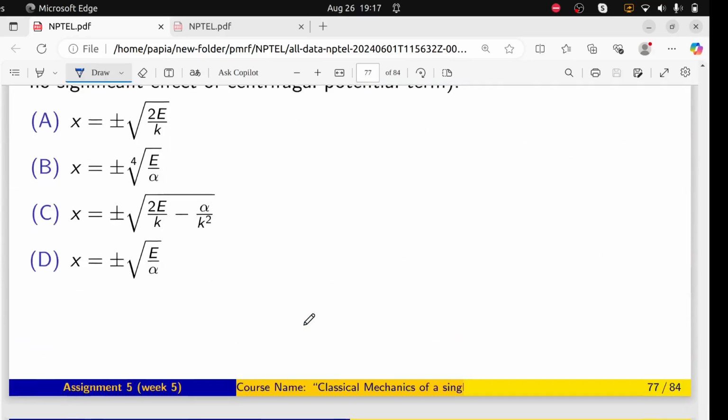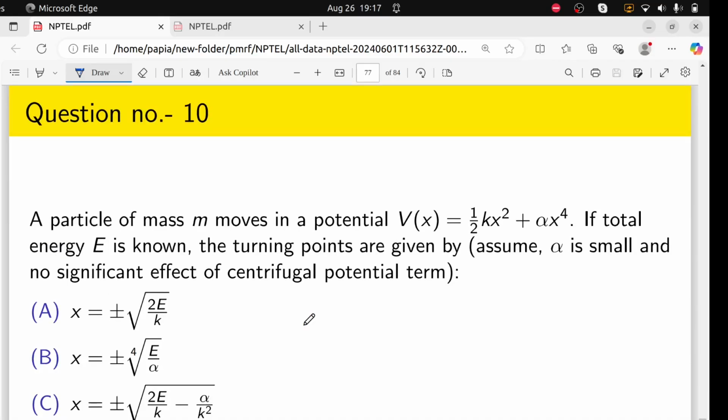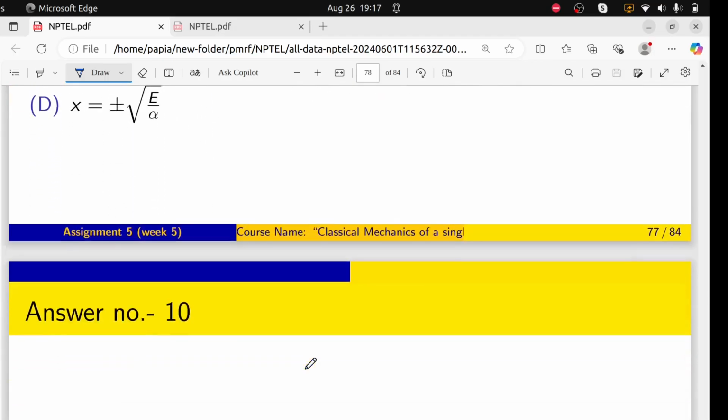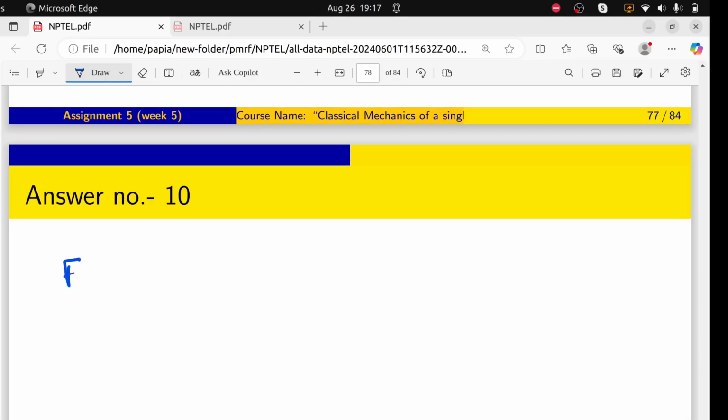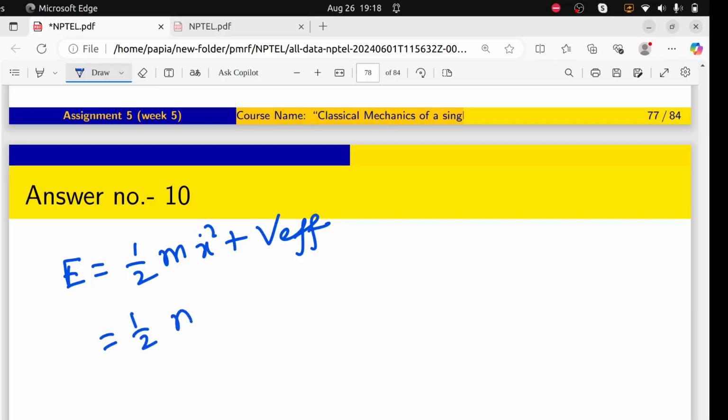Now this one. A particle of mass m moves in a potential. If total energy is known, the turning points are given by, assume alpha is small and no significant effect of centrifugal potential term. Okay, all the things are given here. So I can simply write the total mechanical energy is half m r dot square plus V effective, so half m r dot square plus L square by 2m r square plus V of r.